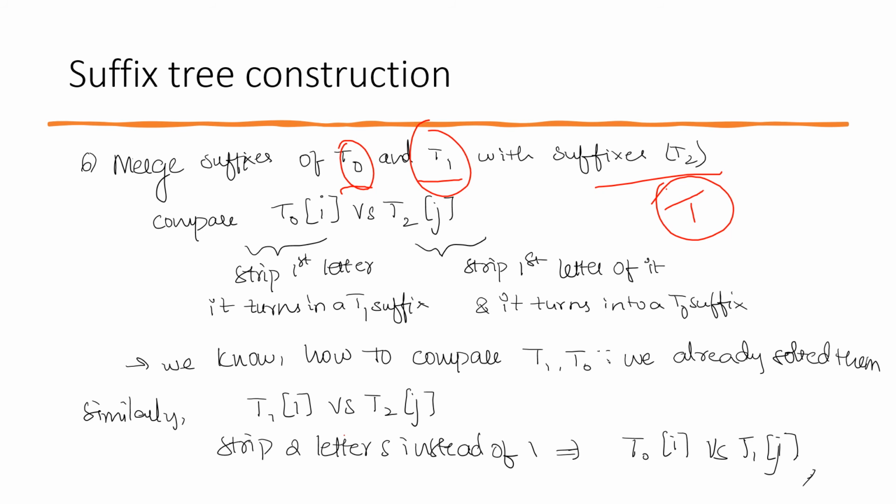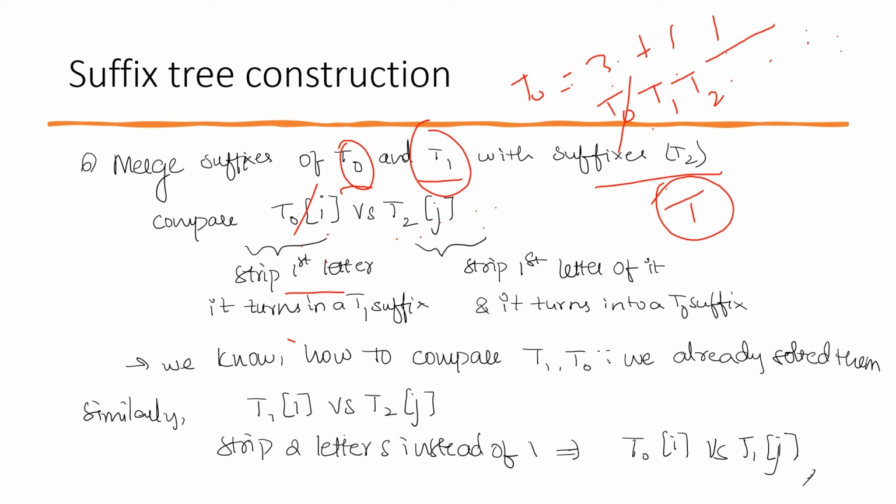First, I'll compare T0 of i with T2 of j. I'll strip the first letter, and when I strip the first letter of the T0 suffix, it becomes the T1 suffix, since T0 is followed by T1, then T2, and it keeps going on.